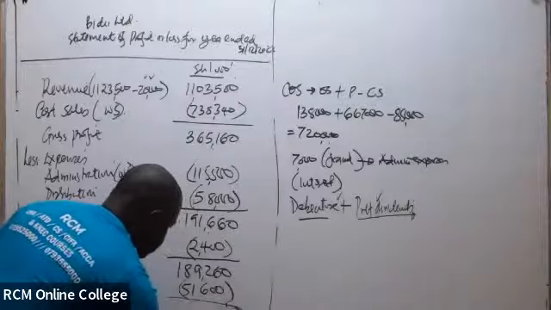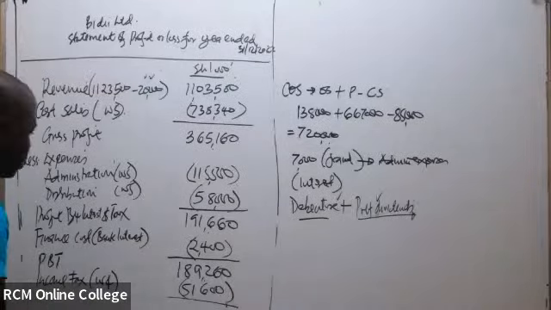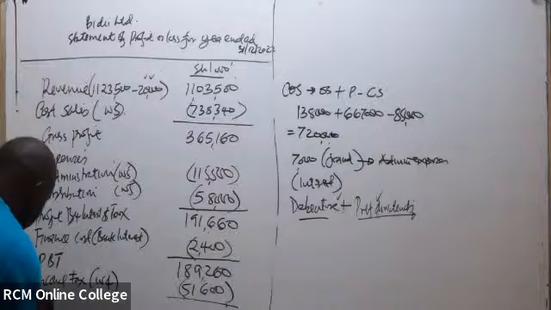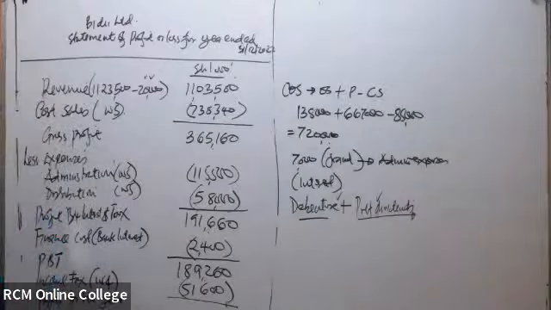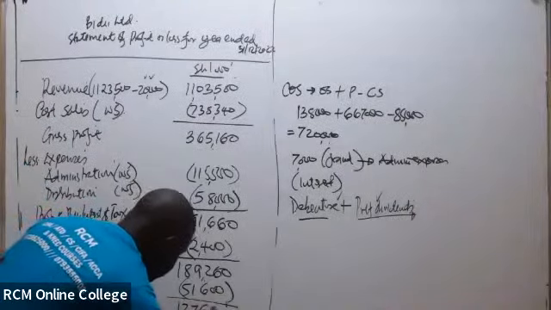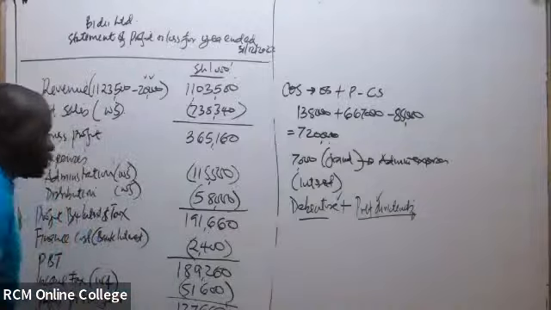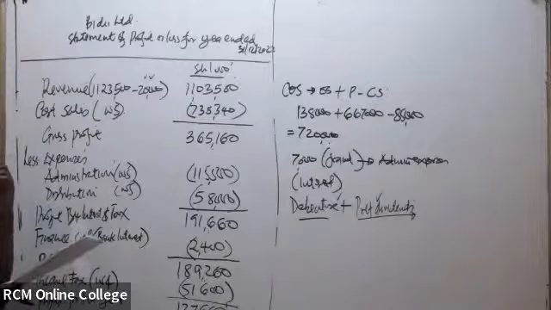If you less that, how much are you getting as the profit for the year? It comes to 137,660. That is the profit realized for the year.